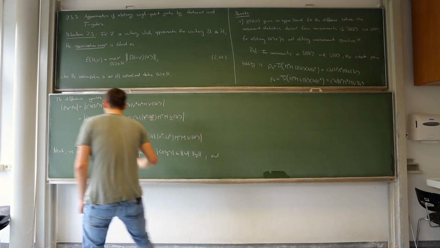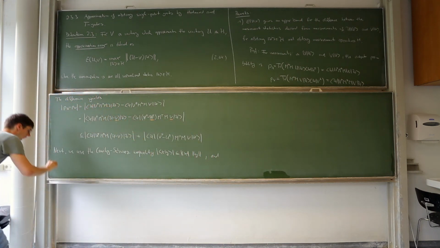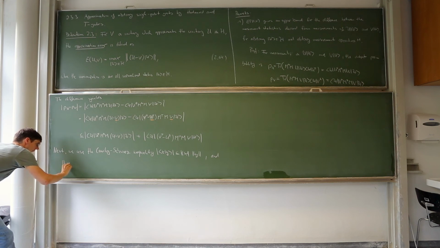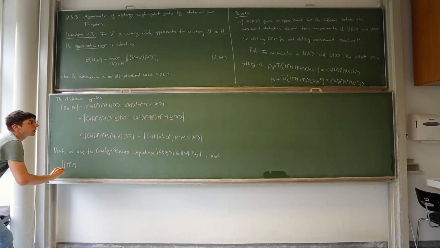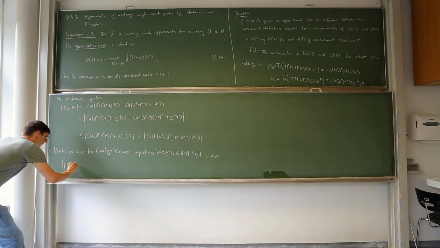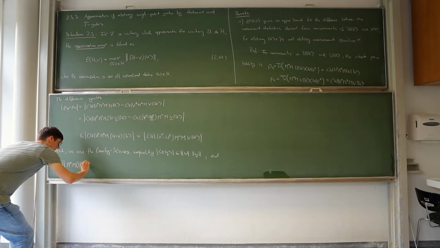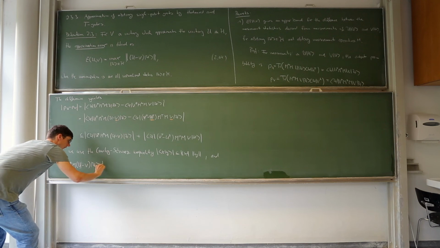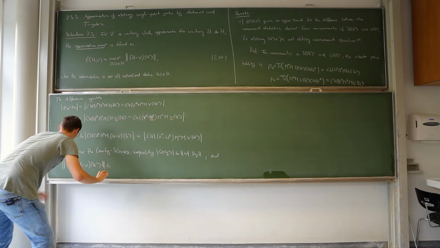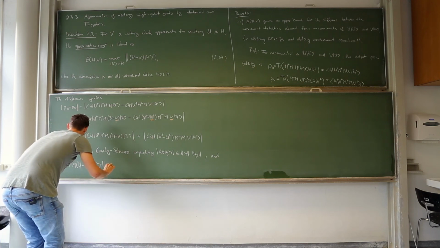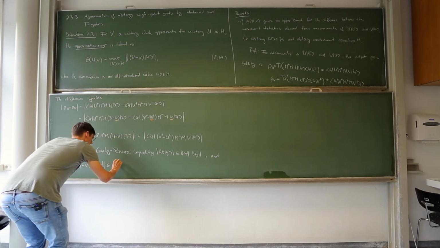And we further use that the norm of M dagger M, u minus v psi, must be smaller or equal to the norm of u minus v psi.